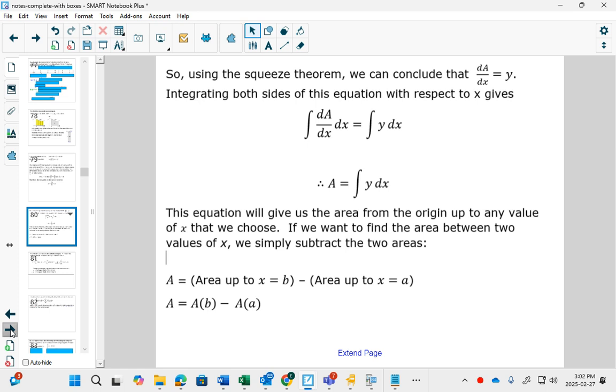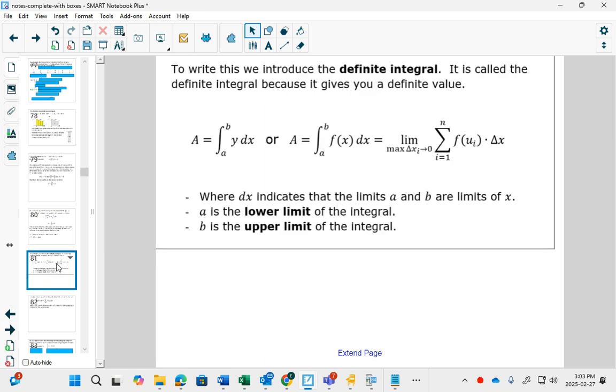Now, it's not quite right, but the idea is that if this equation gave us the area from the origin up to any value, then if you wanted to find the area between two values, you could just take the area of the higher one minus the area of the smaller one. We'll look at some more videos to really explain it. But this is just the idea that your area is the definite integral of some function.